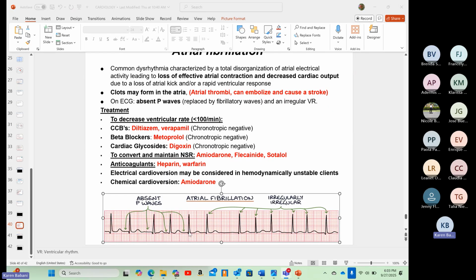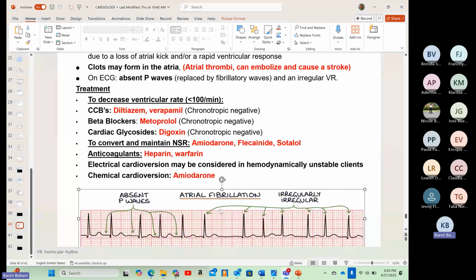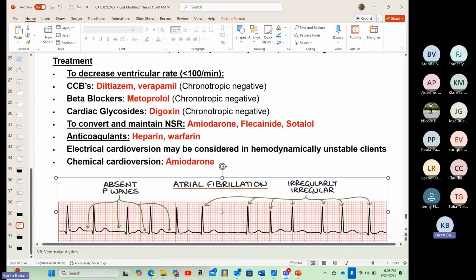Your QRS, remember they said it was narrow. So if you were to look and count, we talk about QRS being 3 little squares. This is only 1 square. Here there's like 1.5. Here is 2. So obviously you're going to have QRS that are less than 3 squares or less than 0.12 seconds.